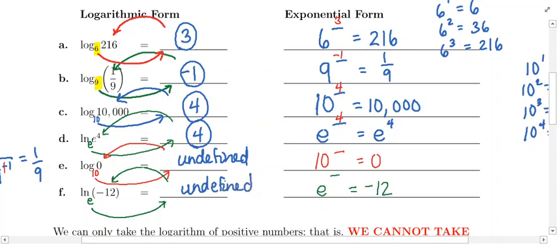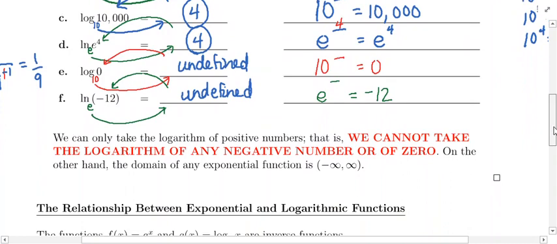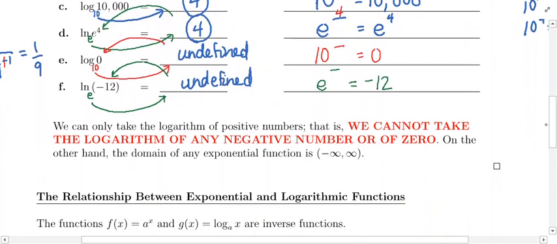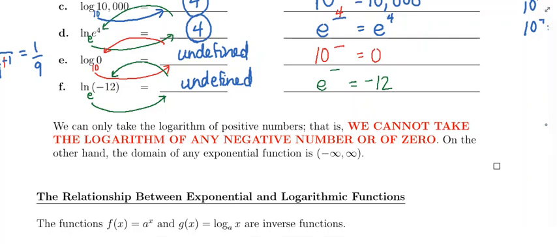Here's what's going on with parts E and F. I have a note underneath the two columns here, and it says we can only take the logarithm of positive numbers. That is, we cannot take the logarithm of any negative number or of 0. So in part E, the base is irrelevant.